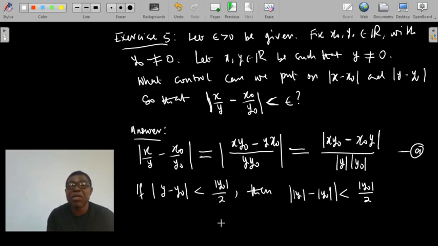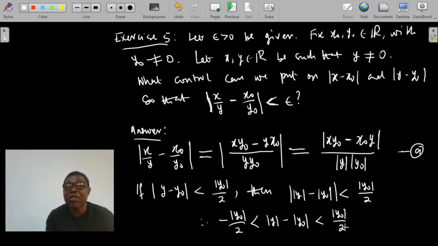And this in turn will give us that minus the absolute value of y naught over 2 will be less than the absolute value of y minus the absolute value of y naught. And this is less than the absolute value of y naught over 2.